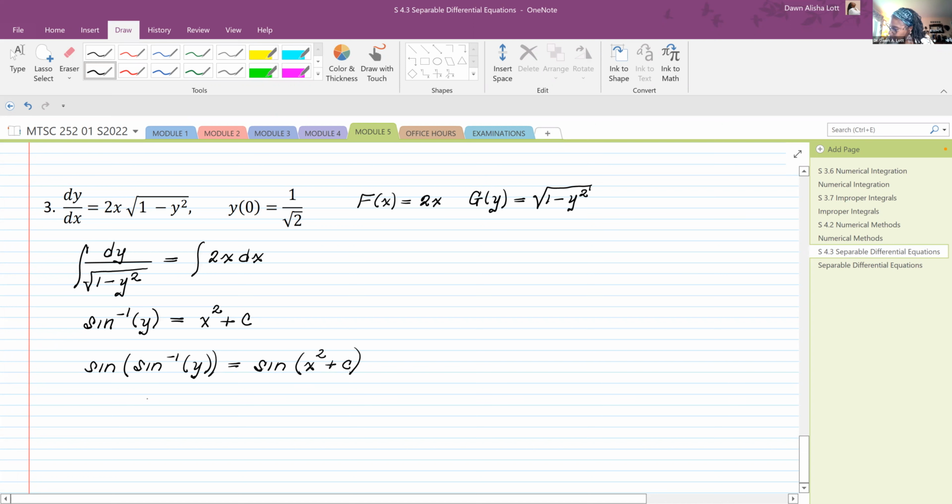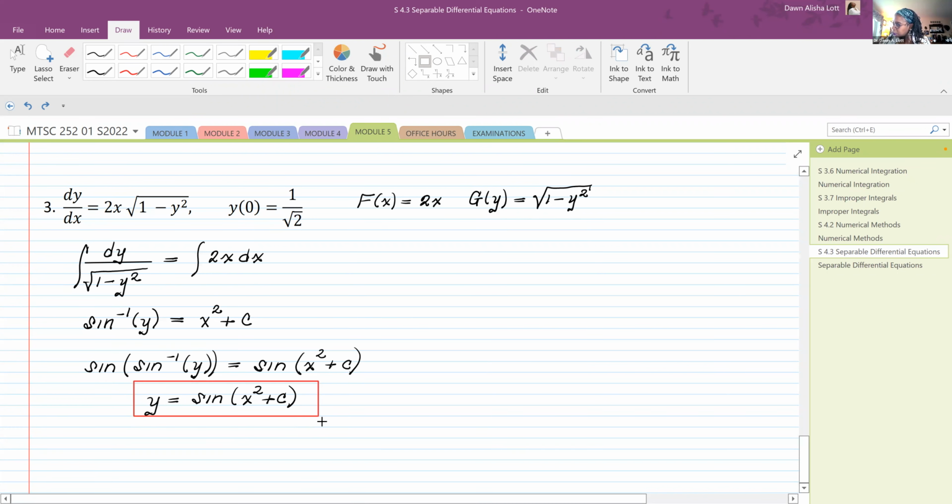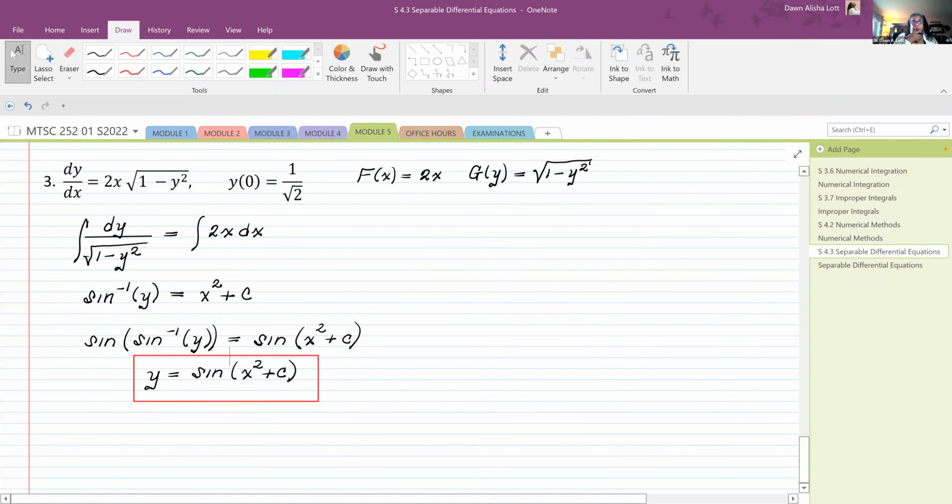That gives me y is equal to the sine of x squared plus c. So that is my general solution. I have not solved for the constant.